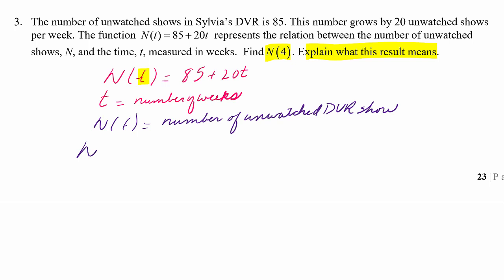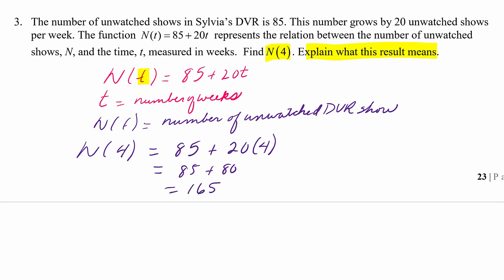So then what's n of 4? We're going to substitute the 4 in for t and do this calculation, and we get 165. So what does it mean? What did we just find? We've got this ordered pair (4, 165).